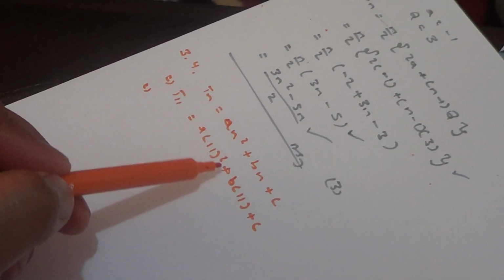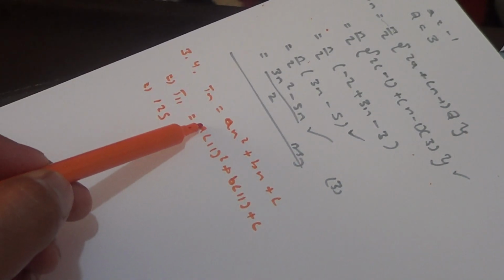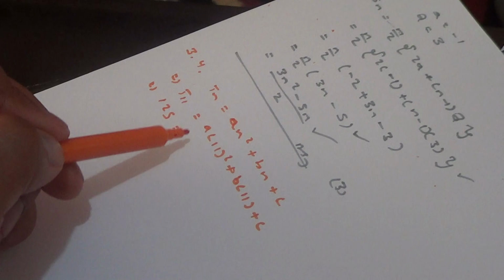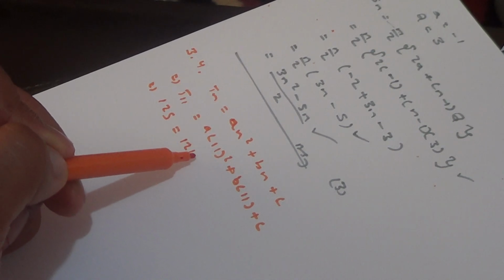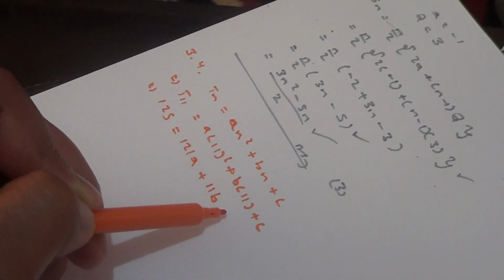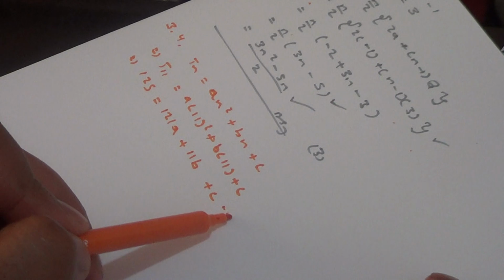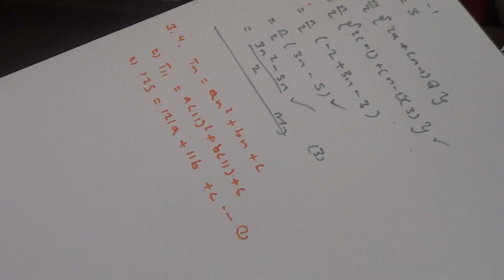This would imply that we were told this is 125 equals, now what is that? 11 squared is 121a plus 11b plus c. So maybe we can call this one equation 1, because that's what we have.